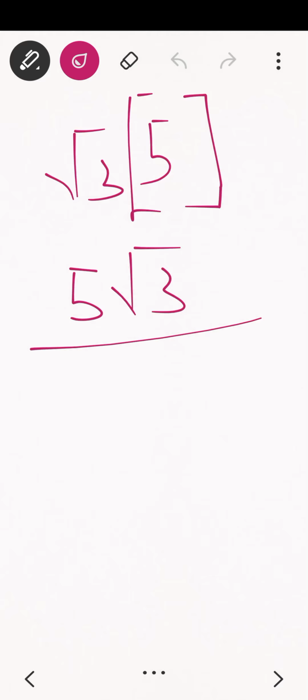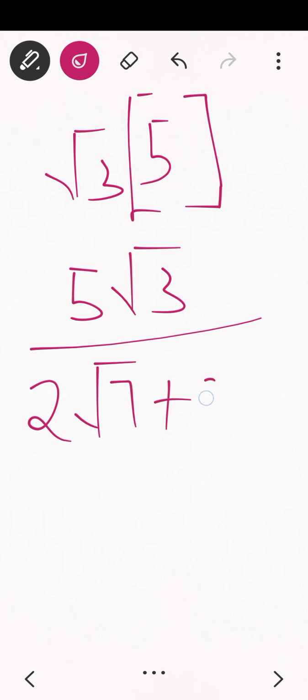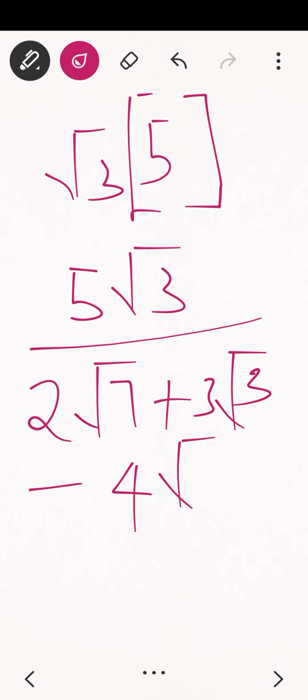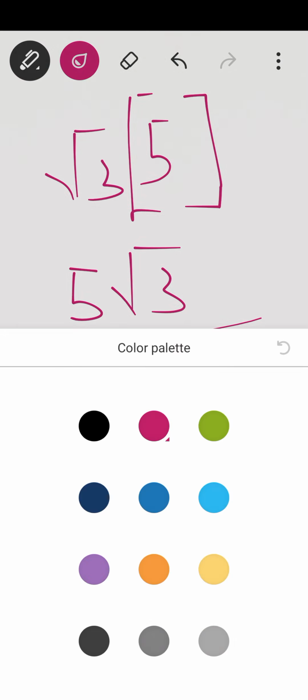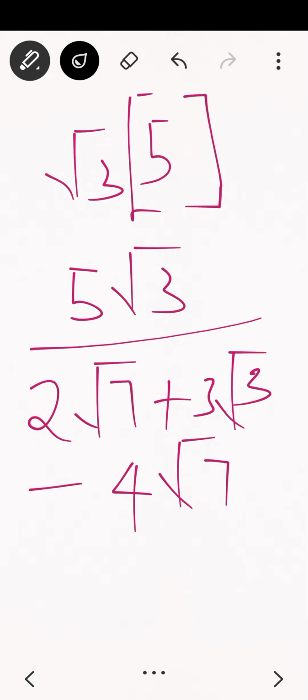So the idea is that anytime you are asked to simplify an expression which involves surds, for example, 2 root 7 plus 3 root 3 minus 4 root 7, we are asked to simplify this. In that case, what we do is that we group them into like surds.